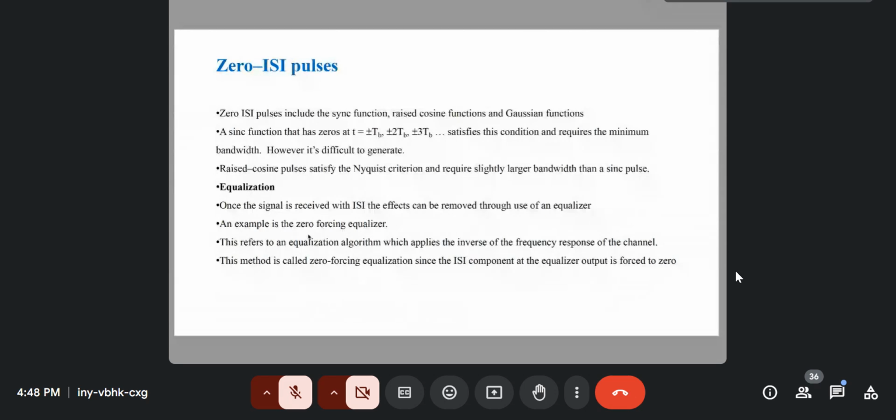the zero forcing equalizer. This refers to an equalization algorithm that applies the inverse of the frequency response of the channel.